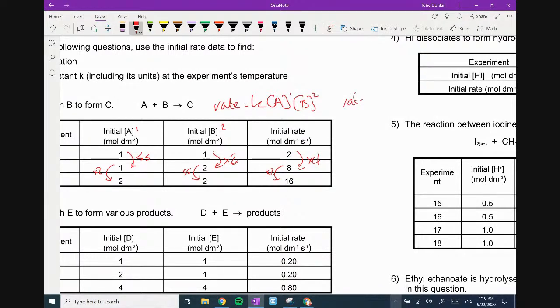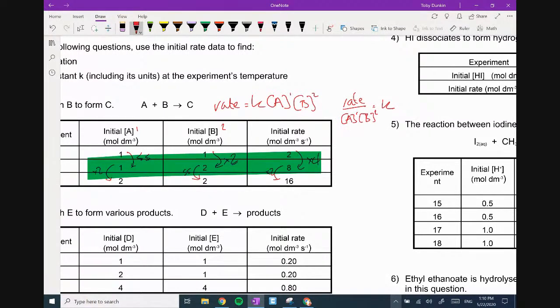Reorganize the equation. Rate divided by A to the power of 1 and B to the power of 2 gives me k. Input my numbers. I'll choose the middle one just for fun. The initial rate was 8 over 1 times 2 to the power of 2.